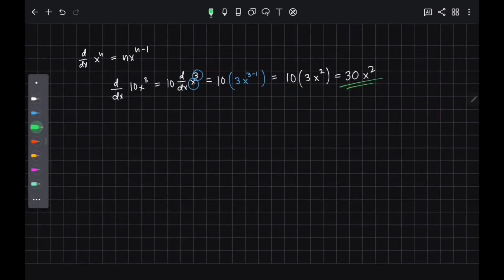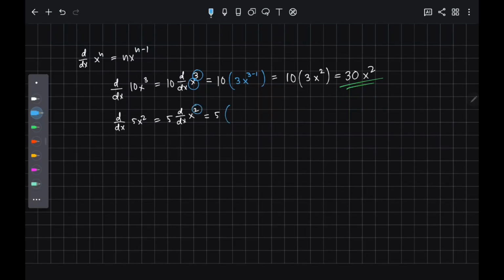Okay. So how about another simple example? Let's say the derivative of 5x squared. Again, you can put the constant 5 outside, so that's 5 times the derivative of x squared.